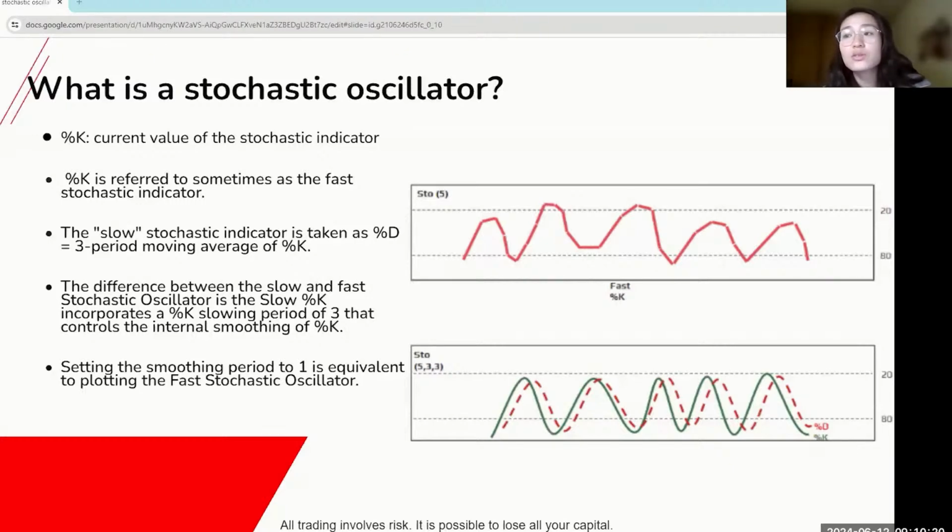The slow stochastic indicator, which is your D, is a 3-period moving average of K. The difference between the slow and fast stochastic oscillator is the slow K, which incorporates a K slowing period of 3 that controls the internal smoothing of K. Setting the smoothing period to 1 is equivalent to plotting the fast stochastic oscillator. So the fast stochastic oscillator is basically your K line that we mentioned earlier.